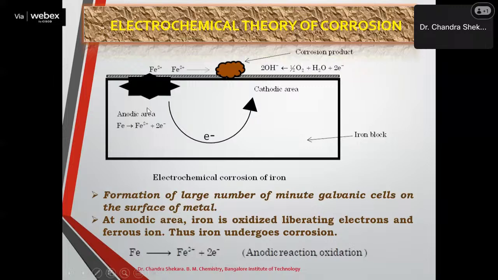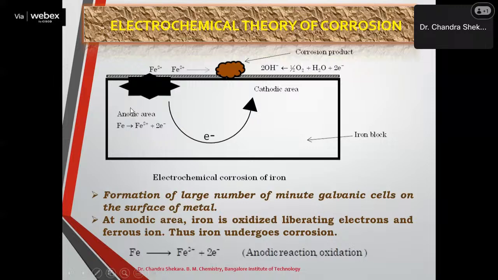And here, the part of the metal with lower potential becomes anodic area. It undergoes corrosion. It undergoes oxidation. And part of the iron metal with higher potential becomes cathodic area. And you all know the reaction at anode is oxidation.